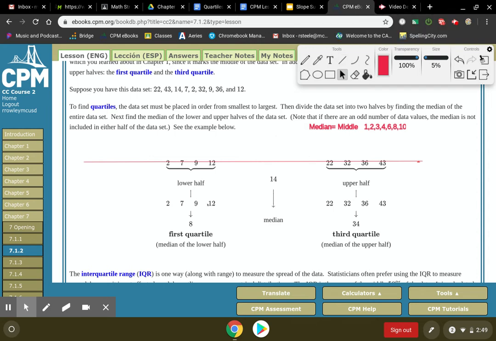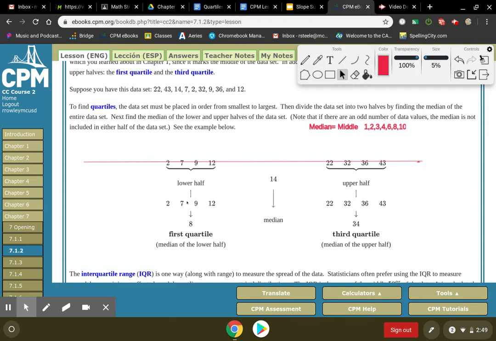Okay. What's happening in the first set of data is to find the first quartile, we have to find the middle of these pieces. So it's 2, 7, 9, and 12. Well, the middle of 2, 7, 9, and 12 is 8. And the way that they found that out was they found the middle 2 numbers, which were 7 and 9.